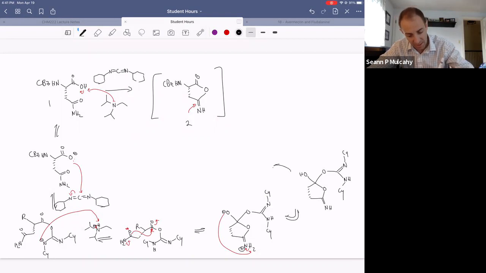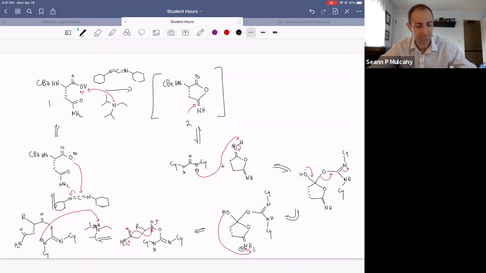That neutral species collapses with loss of a leaving group. This time the leaving group is going to be my urea. And so I've got my protonated form of my number 2, plus my urea. My urea is going to look like this, N minus cyclohexyl, NH cyclohexyl. I can grab that proton off, and then I get to this species.